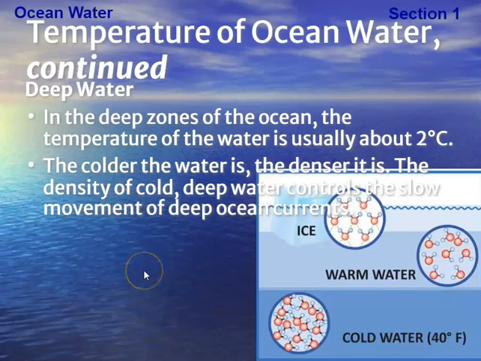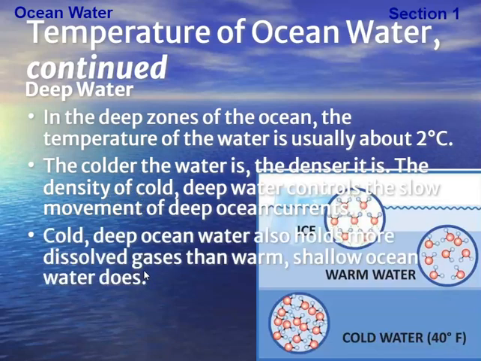And so it's very, very dense, and it usually has high salinity. It also helps to hold lots of dissolved gases. So we talked earlier about the amount of dissolved gases in colder water being far higher than the amount of dissolved gases in warmer water.